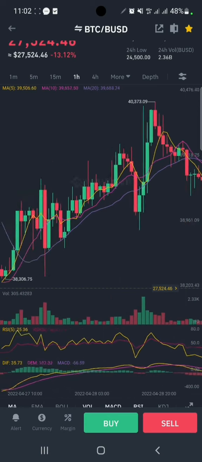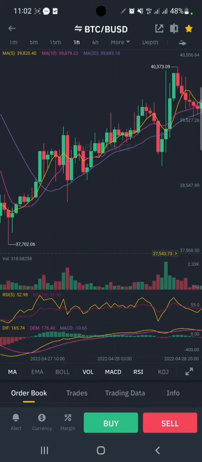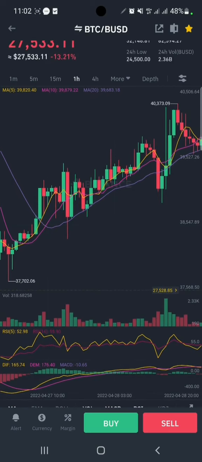In an uptrend, where the price is going higher, the smaller value, the 5, is yellow. Let me just confirm those figures again. You can see it up here: moving average 5 is yellow, moving average 10 is pink, and moving average 20 is purple.